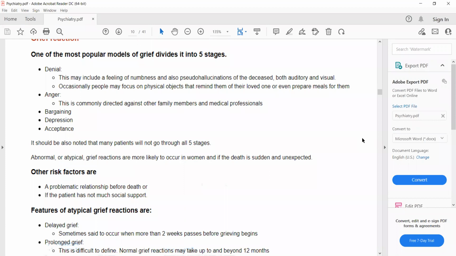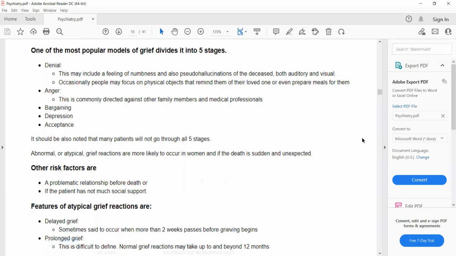Atypical grief reactions are more likely to occur in women, and if the death is sudden and unexpected. So if the death of the loved one is sudden and unexpected, and if the patient is a woman, then there is a possibility that abnormal or atypical grief reaction will occur.